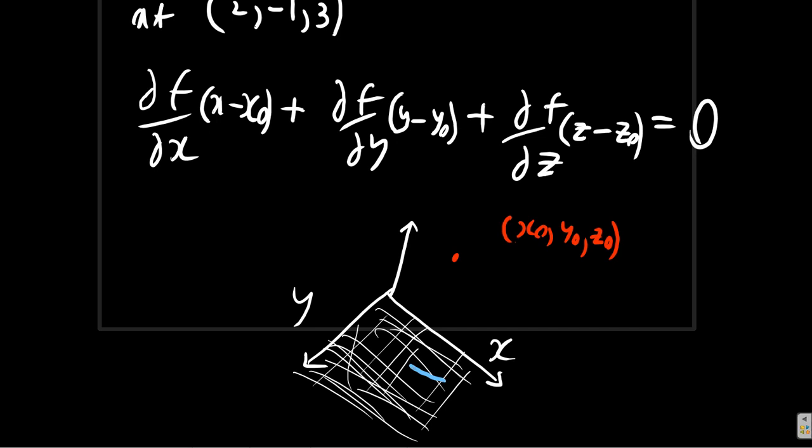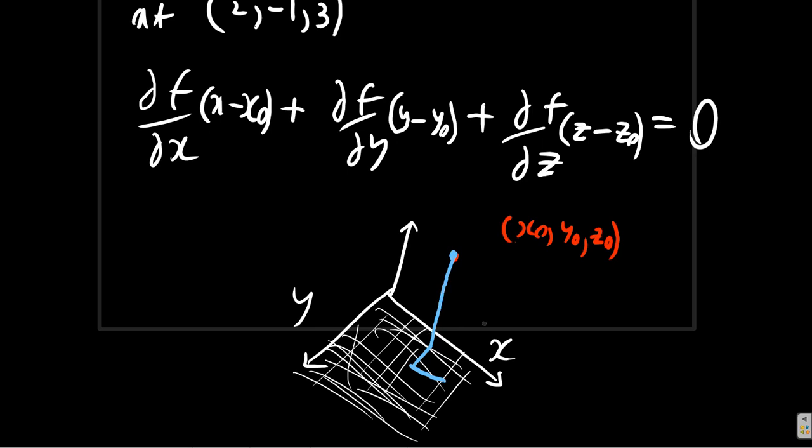So you go to x0 along the y, so you move a bit closer. You change y from y to below y0, and then you go up to touch the point at z0.